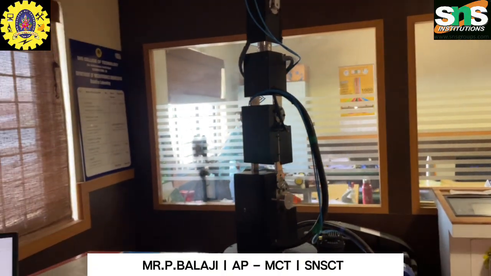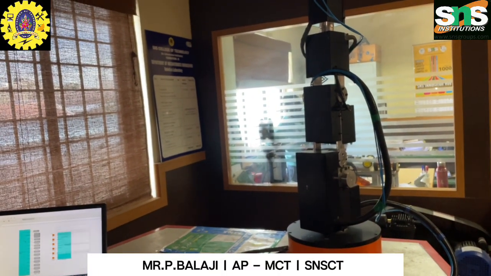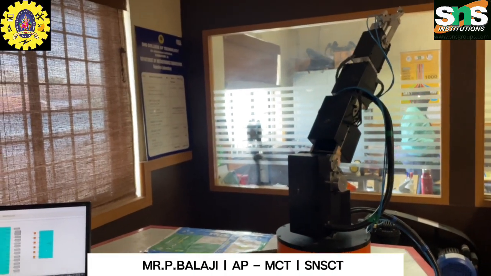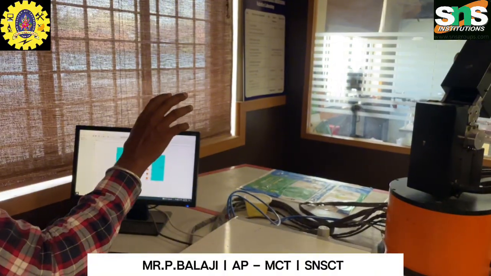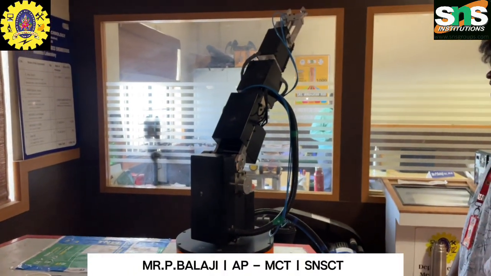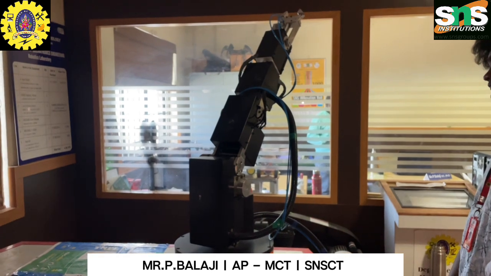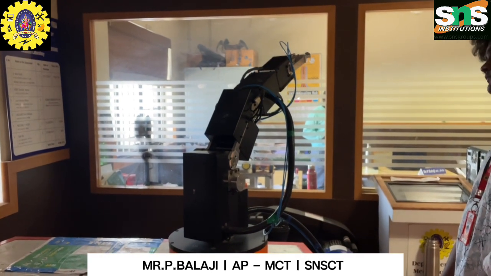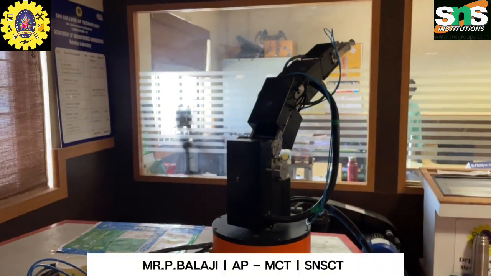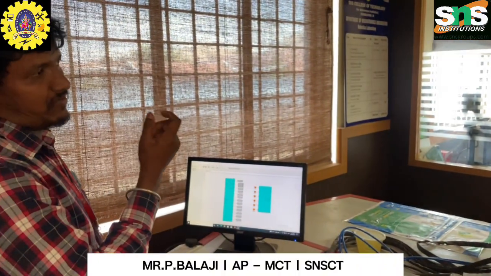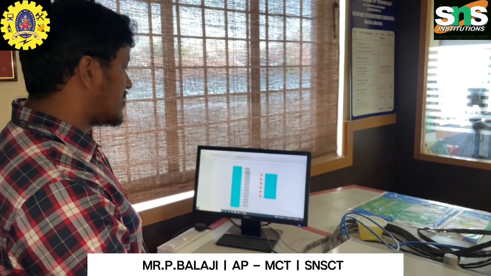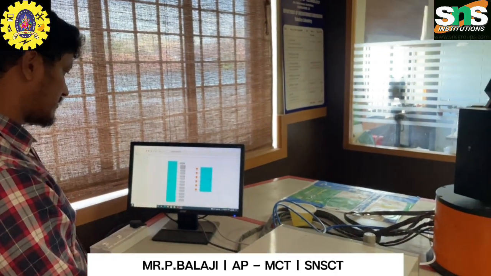I give 40 degrees, and it moves around 40 degrees. Then for the third axis I'm going to give 30 degrees, and it moves around 30 degrees. The fourth axis is a 360 degree axis, so we can control around 360 degrees. I'm going to give around 70 degrees here.